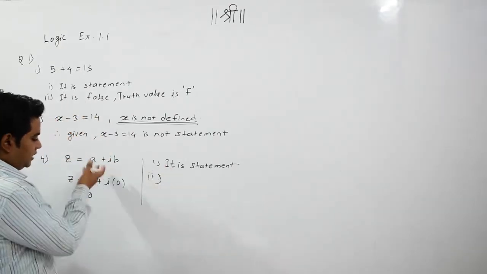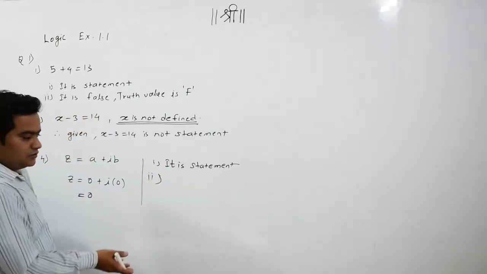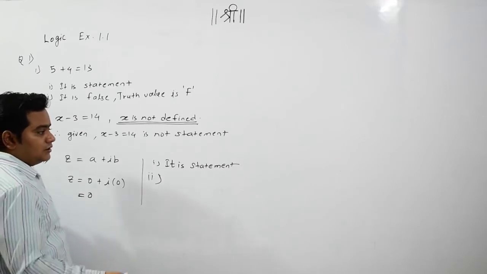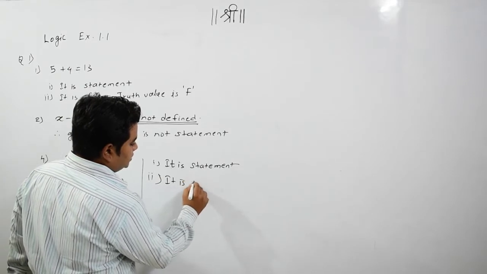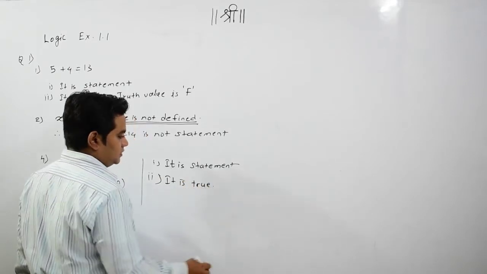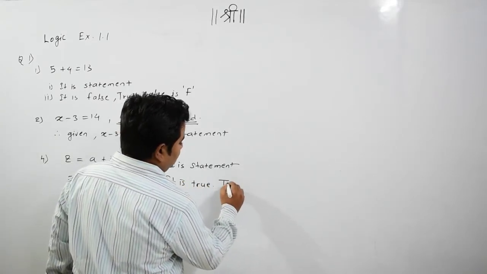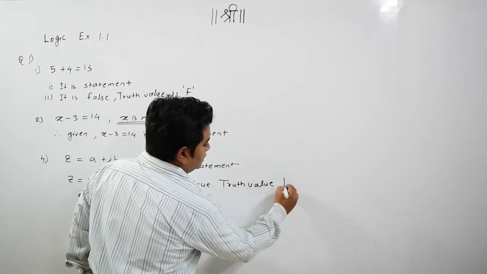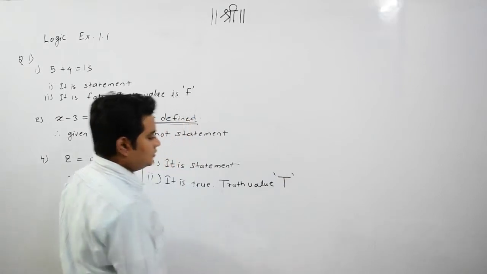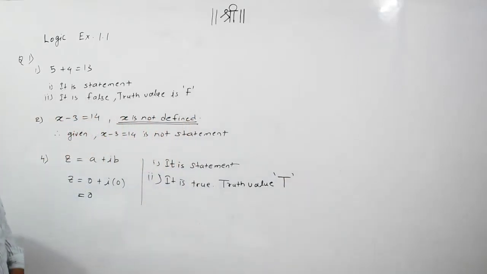Yes, it is true. As we proved over here, it is true that 0 is a complex number. So it is true, and the truth value is T. T means truth. So the fourth question is clear.